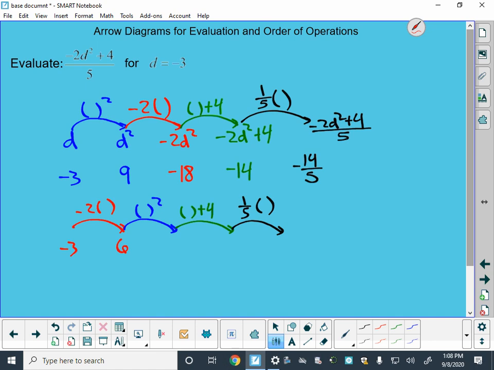My 6 squared becomes 36. 36 plus 4 is 40, and 1/5 of 40 is 8, which is definitely not equal to -14 over 5. We can see that this captures the order of operations that way as well. So just in case you're not paying that much attention, this is the wrong arrow diagram for what's going on there.